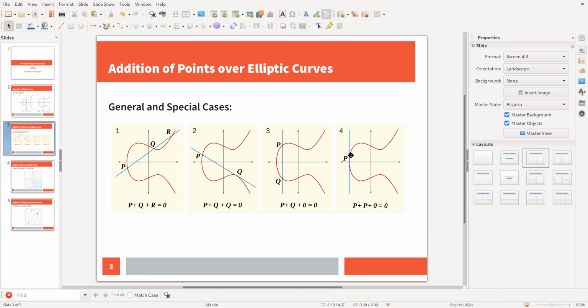So we have P and P, and yet another intersection point is the infinity point. So basically we can say that with these extra definitions, taking the multiplicity of points into account, so any tangential point comes with multiplicity 2, any straight line intersects the elliptic curve in 3 points.